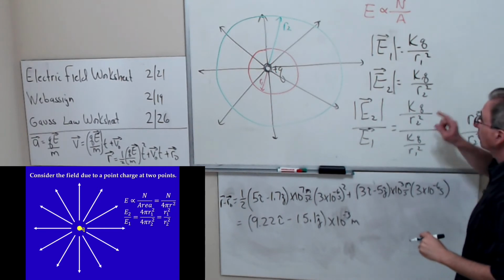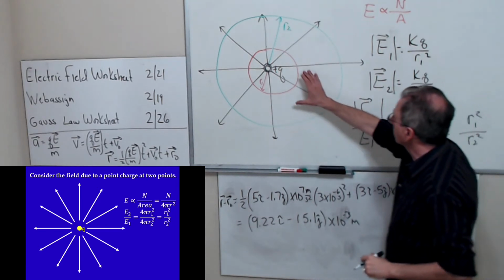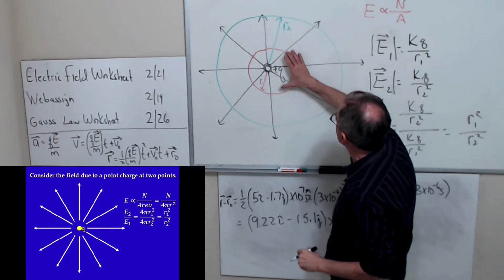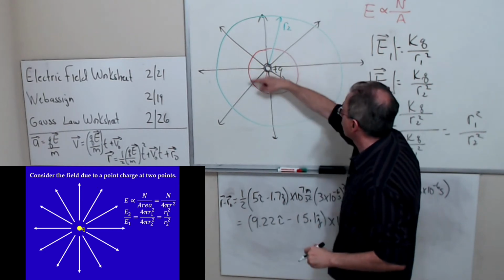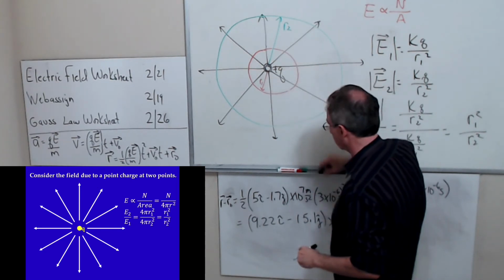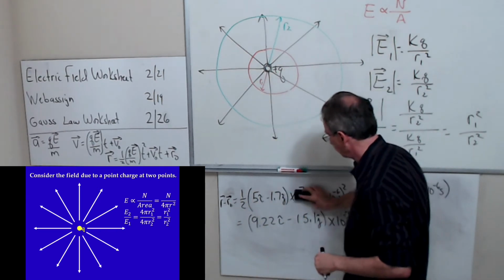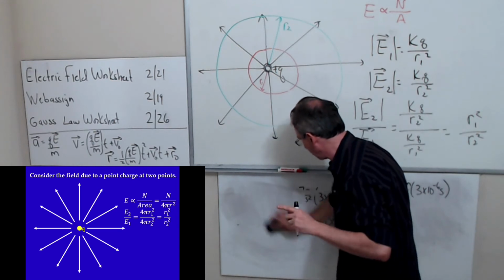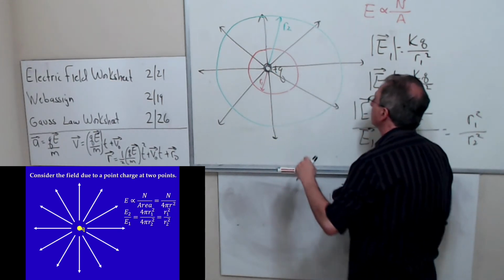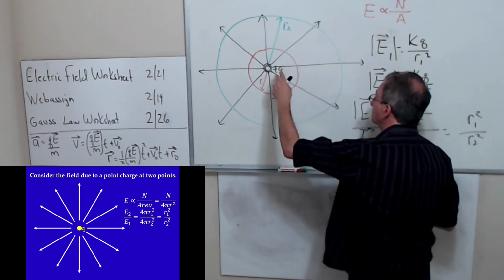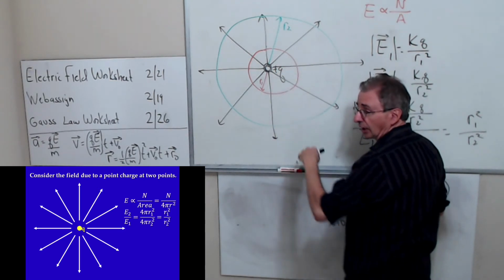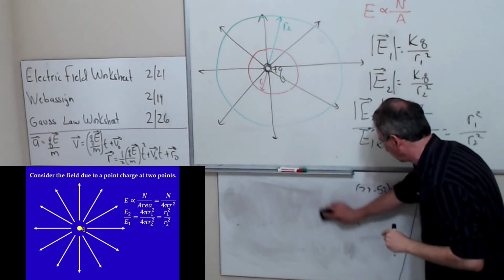Okay, so now let's take a look at the number of lines per unit area going through this sphere. Remember, this is just an imaginary sphere I drew that's of radius R1. Remember, a few minutes ago we said that the number of field lines per unit area is indicative of the electric field.